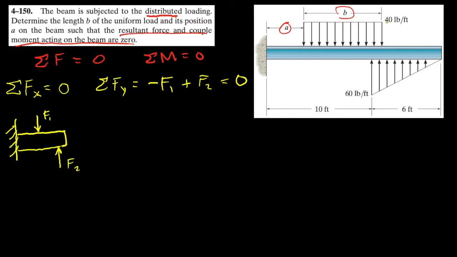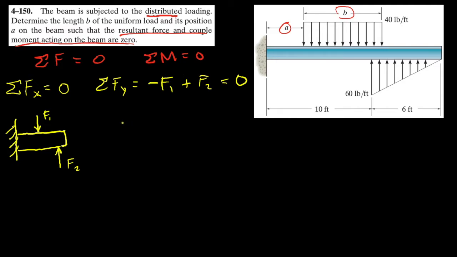And think of the height that I'm highlighting here in yellow as like pressure. So in this case we have 40 pounds per foot, you could think of this as for each foot, I'm adding 40 pounds. So if I go 1 foot in this direction, I just added 40 pounds. Another foot, I added 80, 120, 160, so on and so forth.